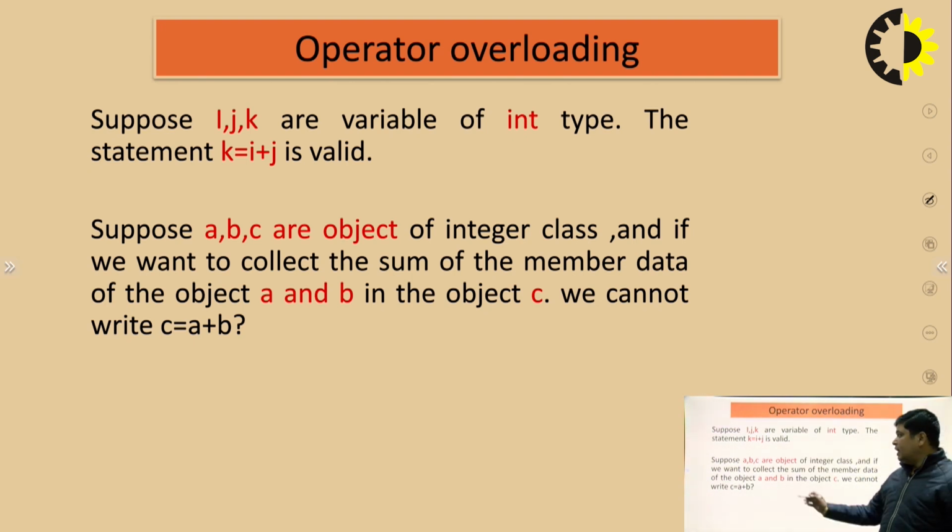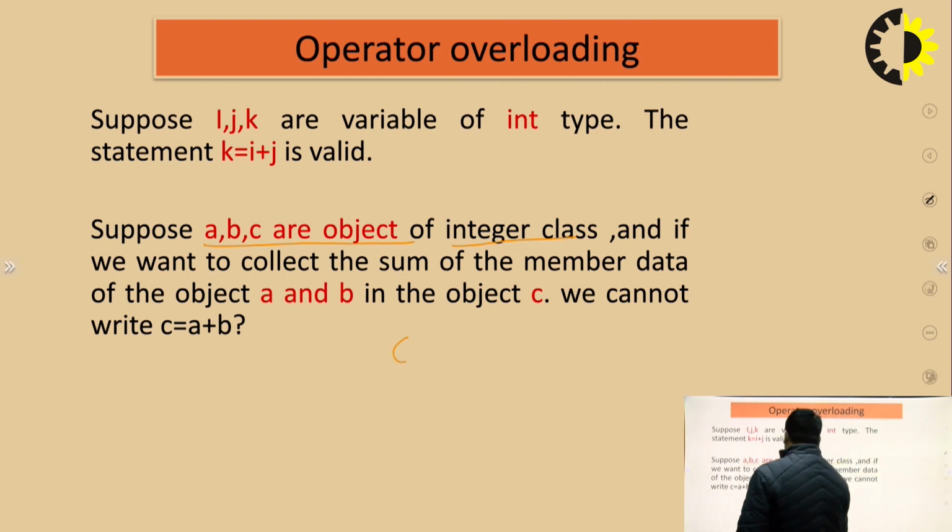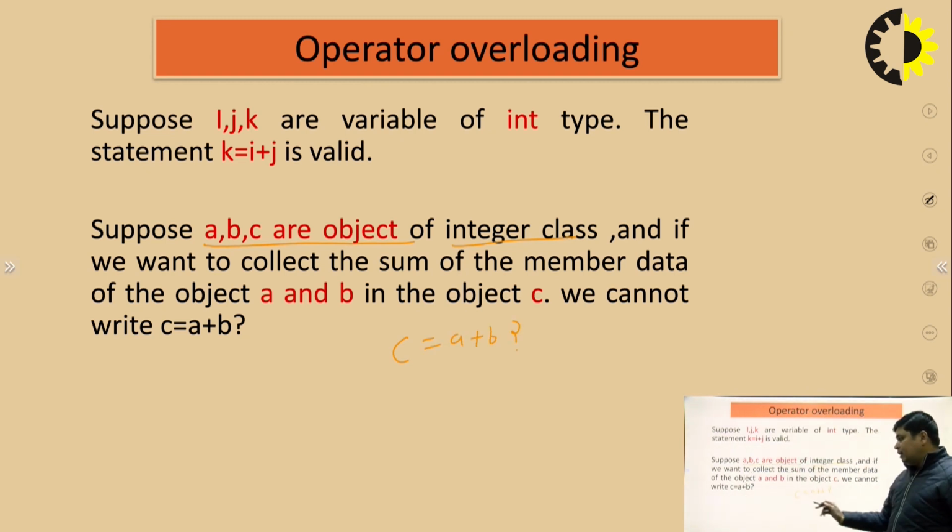But suppose we have three objects A, B, C of class integer, and we want to collect the sum of the member data of objects A and B into object C. We cannot perform this activity, because these are objects which are declared inside the integer class.